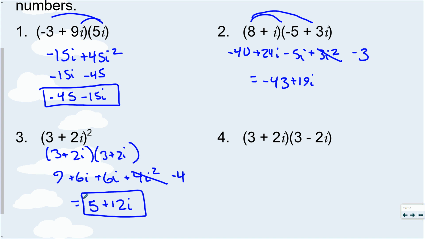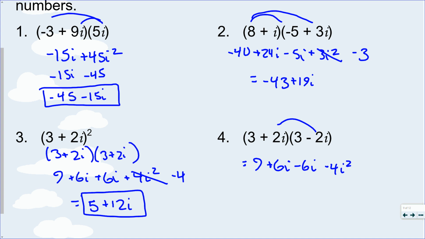Let's try the next one. 3 plus 2i, 3 minus 2i. Well, let's see. You get 9 plus 6i minus 6i. Uh-oh. 2i times minus 2i, so minus 4i squared. Again, we multiply. Be careful. That is a multiply. So what happens?